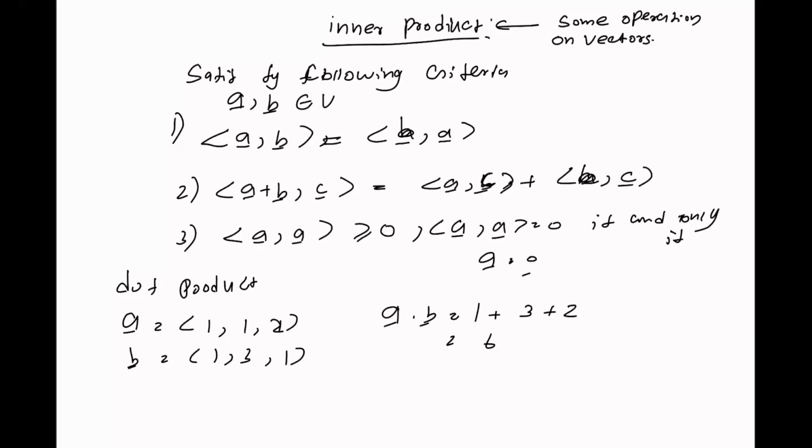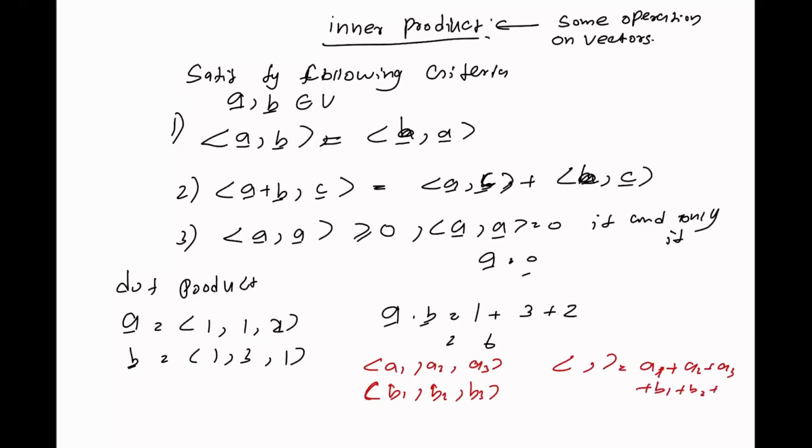Then using this inner product, right? Because these inner products can be different. You can define many ways. If you take one vector like A1, A2, and A3, and you take another vector B1, B2, and B3, you can define your inner product as something like A1 plus A2 plus A3 plus B1 plus B2 plus B3.